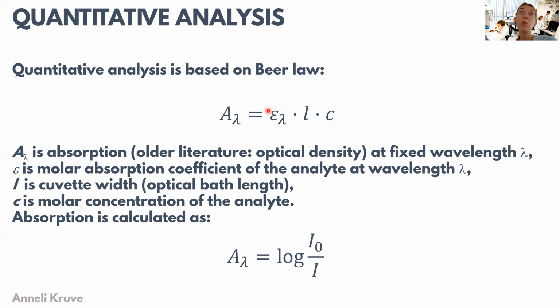So the larger these values, the more the compound is absorbing light. And of course, absorption is calculated from the intensity of the light without analyte, so before the sample, or actually this is measured from the blank cuvette, and the intensity of the light after passing through the sample.